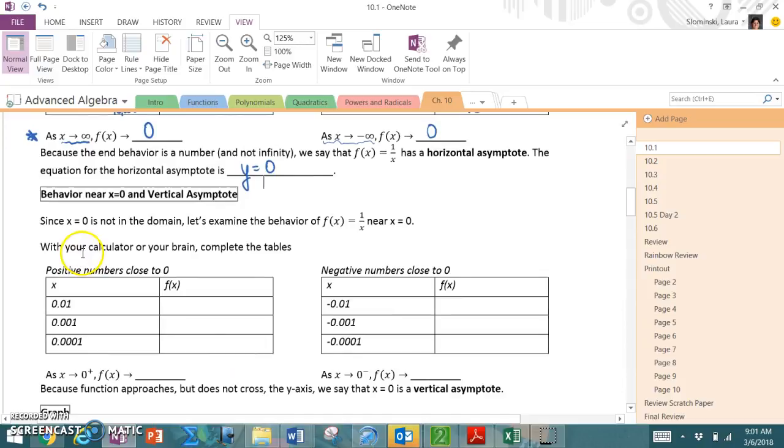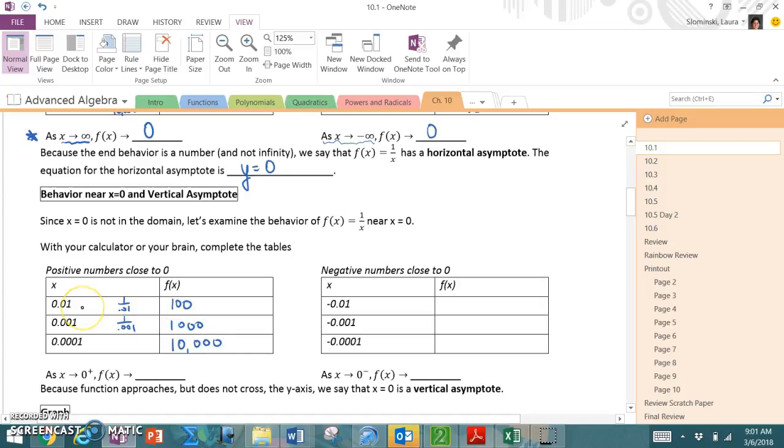Now we're going to talk about the behavior near x equals 0, a vertical asymptote. Since x equals 0 is not in the domain because we can't divide by 0, we're going to examine the behavior of f of x near x equals 0. We're going to make x get closer and closer to 0. We do 1 divided by 0.01, and we get 100. When we do 1 divided by 0.001, we get 1,000. And then the next one, we get 10,000.